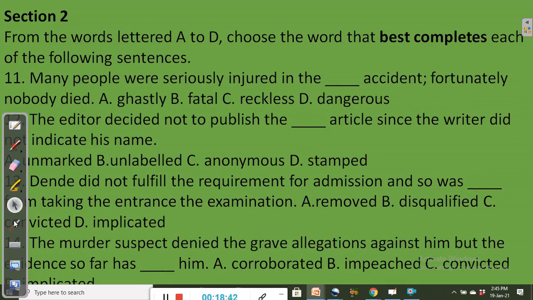to section 2. So here we are in section 2. From the words lettered A to D, choose the word that best completes each of the following sentences. And here we are essentially dealing with collocation. Like I told you, collocation has to do with words that fit into a particular context, a word you can use in company with other words or in association with other words.